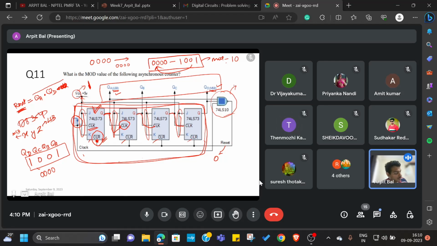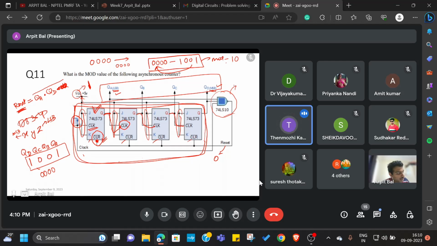So you can see that these are a bunch of flip-flops. There are 4 JK flip-flops, and their inputs are tied to 1. If the inputs of a JK flip-flop are tied to 1, whatever the present state is, it is going to toggle in the next state, right?